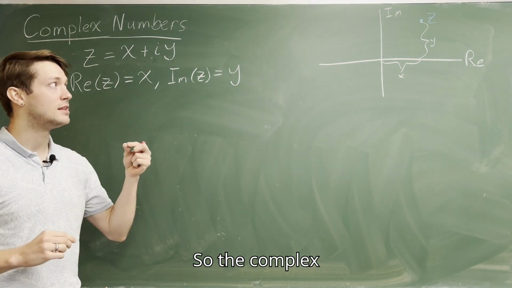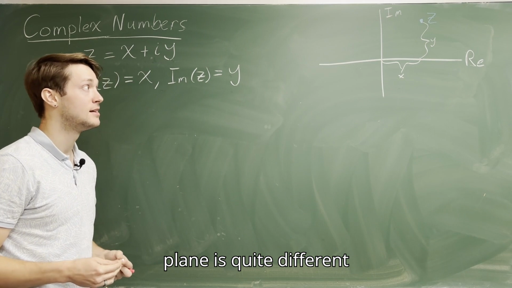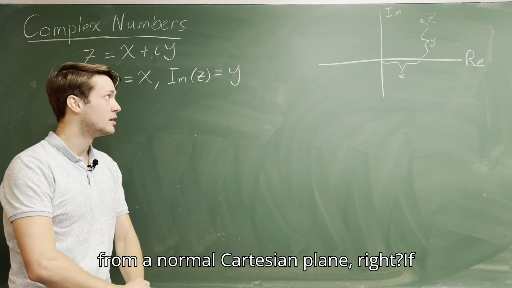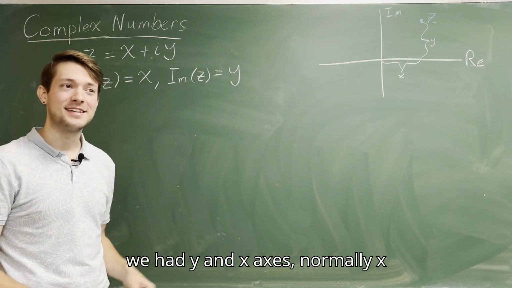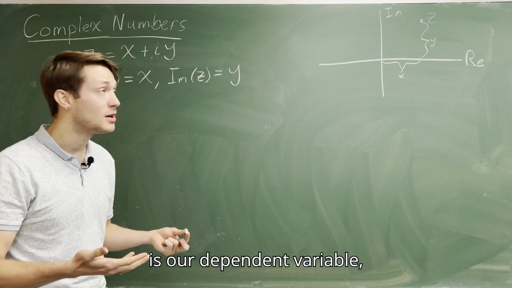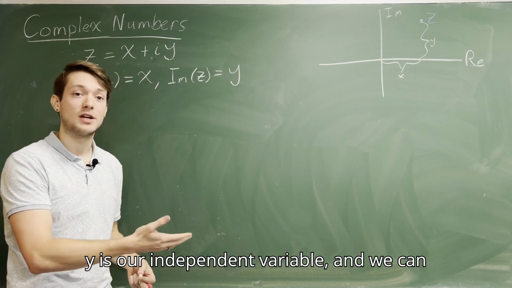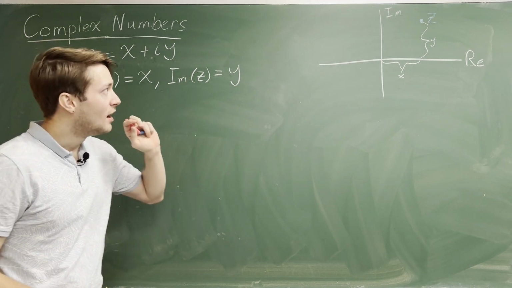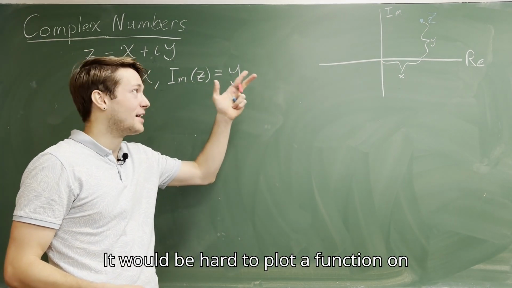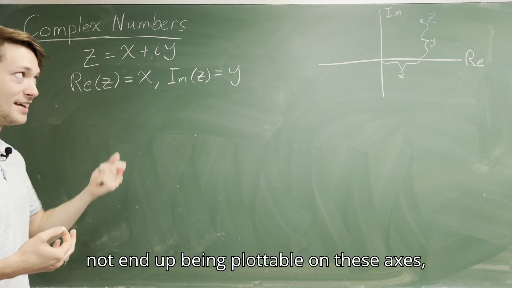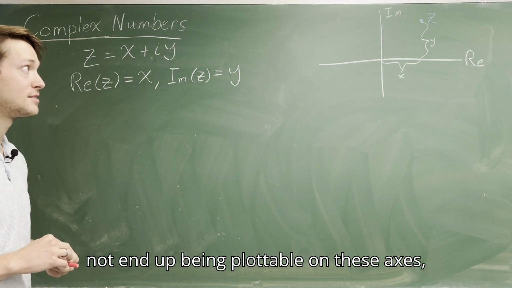So, the complex plane is quite different from a normal Cartesian plane, right? If we had y and x axes, normally x is our independent variable, y is our dependent variable, and we can plot out functions normally on the axes. It would be hard to plot a function on this axis. Most functions will not end up being plottable on these axes.